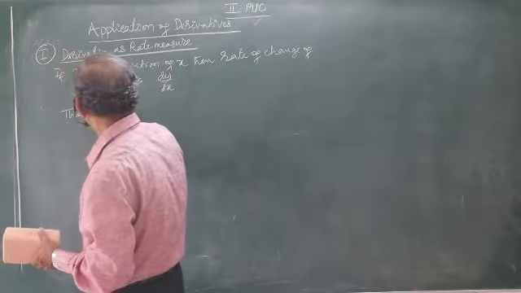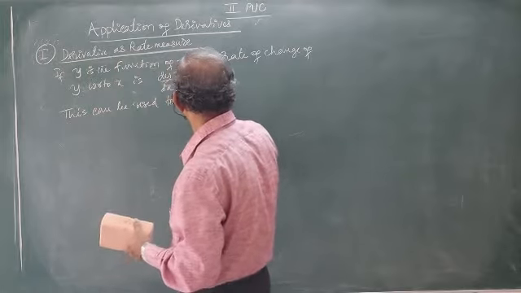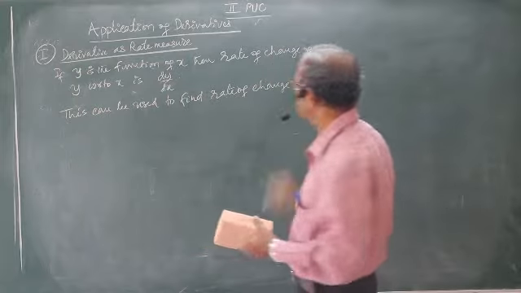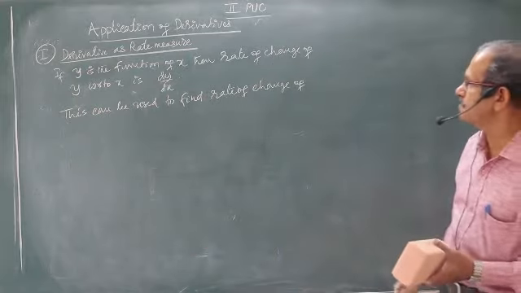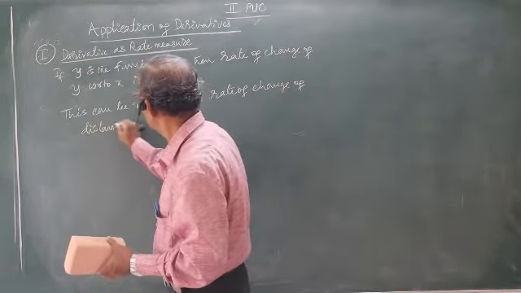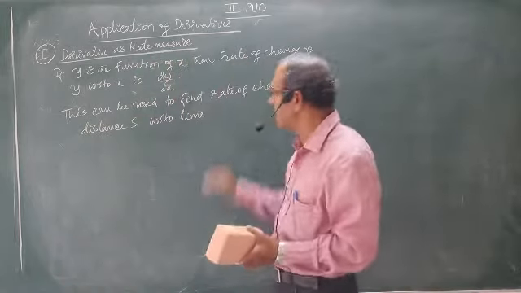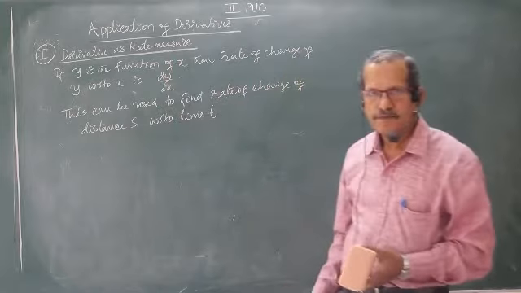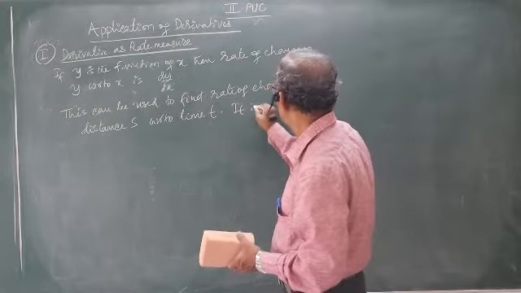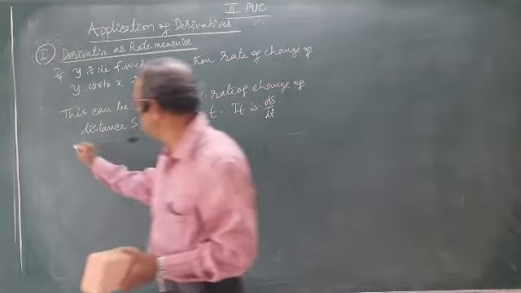This can be used to find the rate of change of distance s with respect to time t. It is ds by dt, which is actually the velocity.